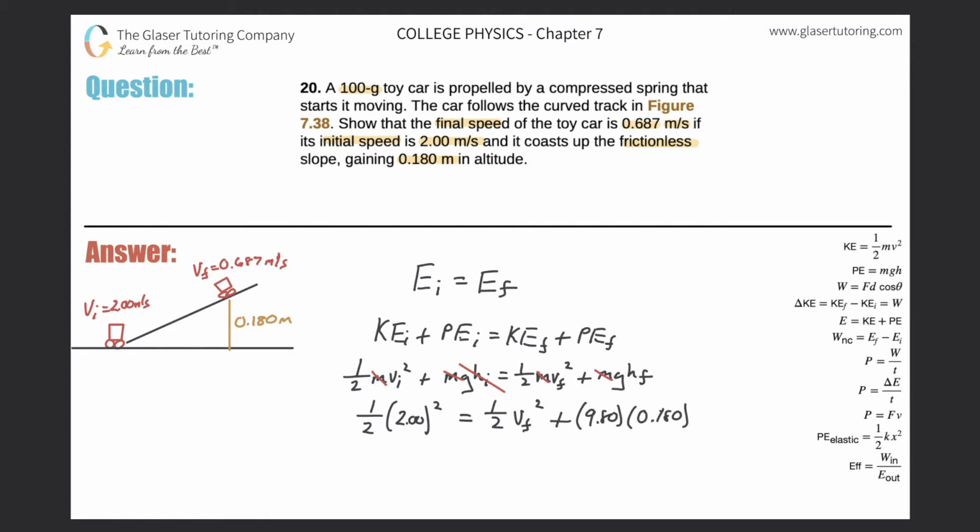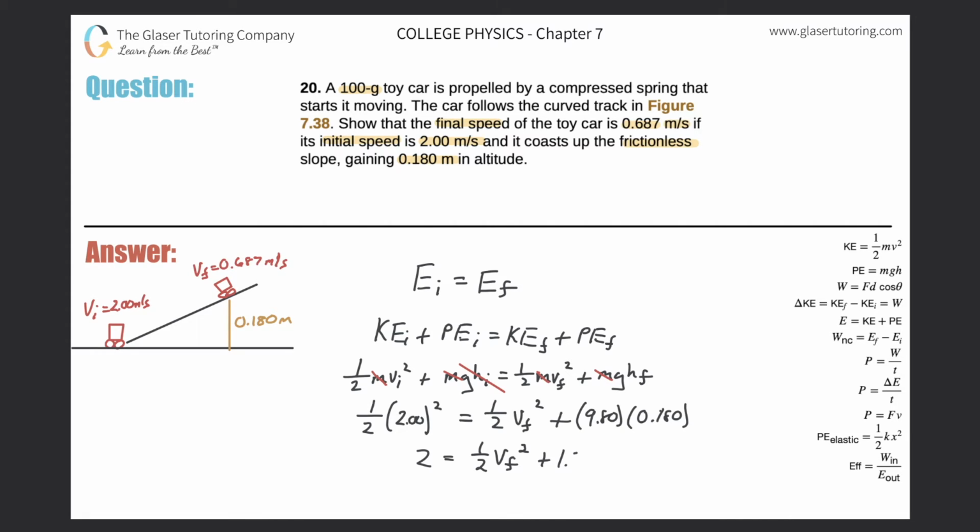Throwing this into the calculator, 4/2 is just 2, which equals 1/2 VF squared plus this value, 9.8 times 0.18, which turns out to be 1.76.